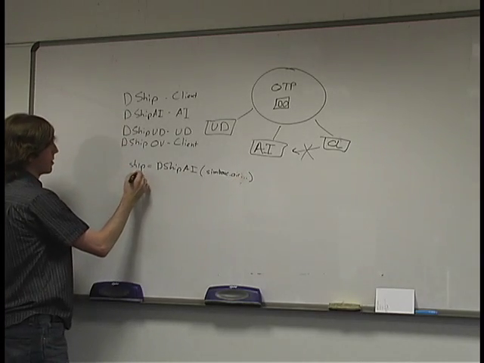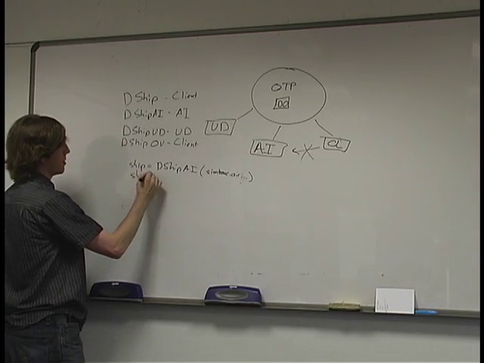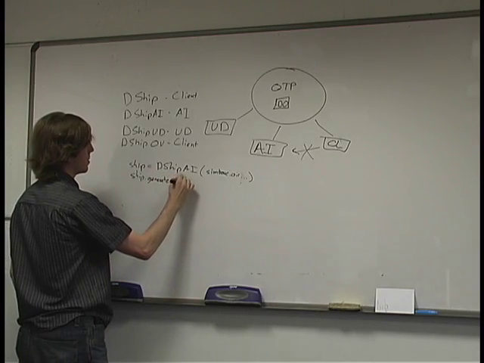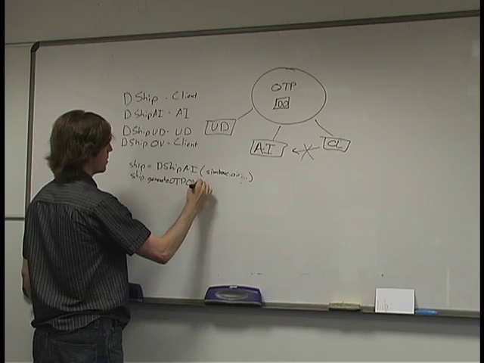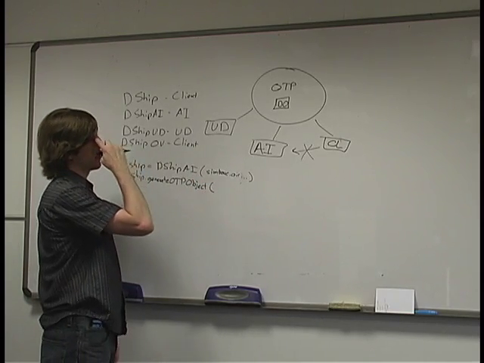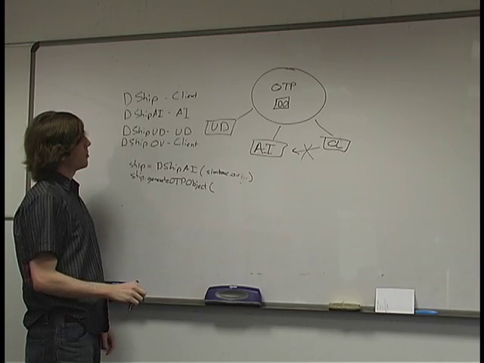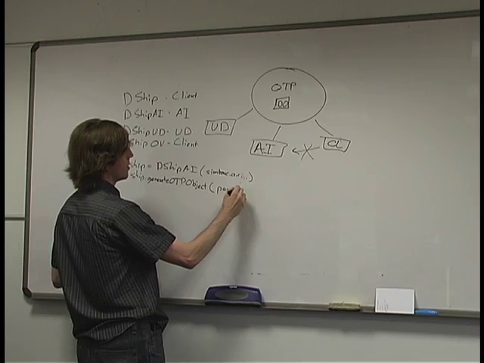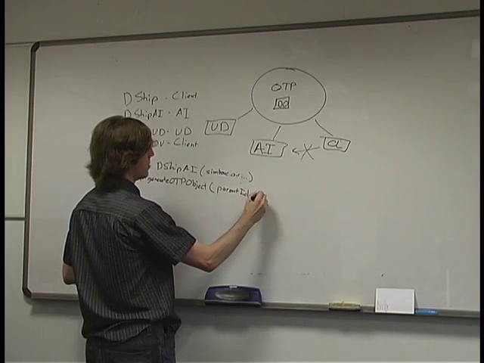And then you would call ship.generate OTP object. And then you would give it a location. So, and we'll get to, that's basically parent ID and the zone ID.